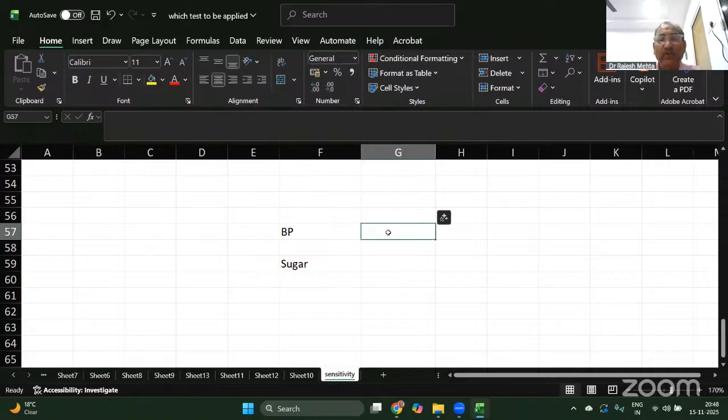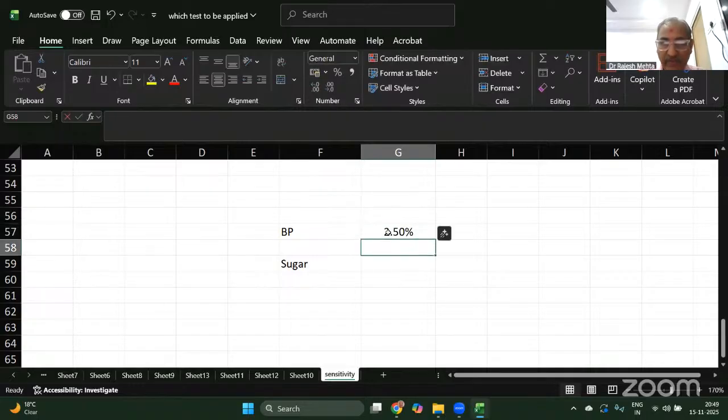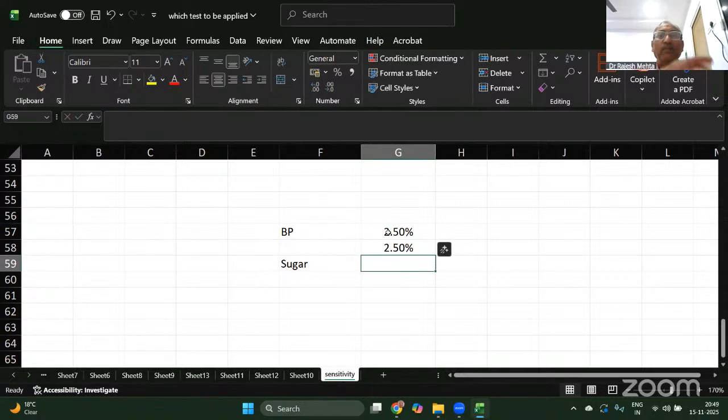If you go by normal distribution curve, then in society you will have 2.5% hypertensive, 2.5% hypertensive. But the normal distribution curve doesn't say it is normal, it is a usual distribution curve. This you should remember. Otherwise, for all the diseases, 2.5% hypo and 2.5% hyper is not like that.